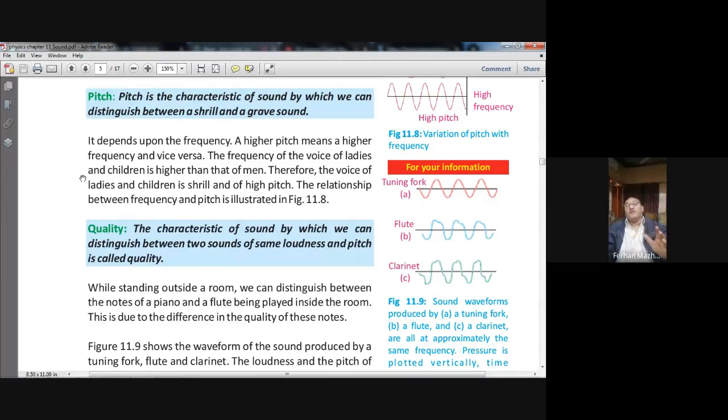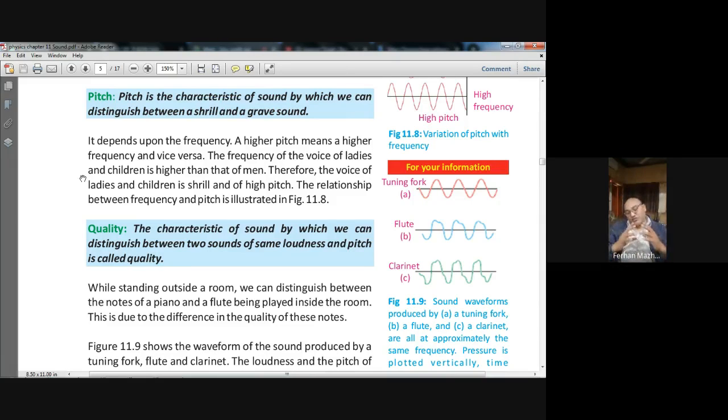So you see, the graveness or the shrillness of the sound depends upon the frequency of the vibrating body. More the frequency, the sound will be shrill. If the frequency is less, the sound will be grave.